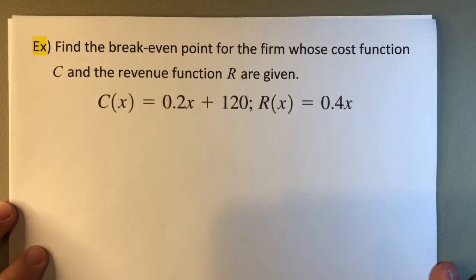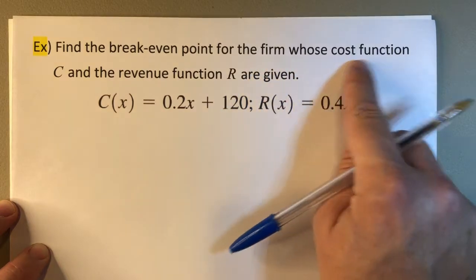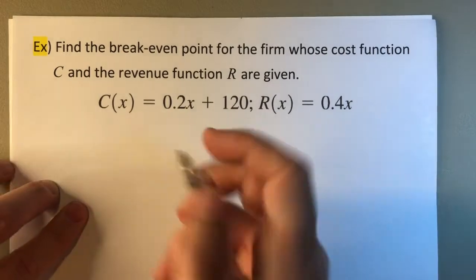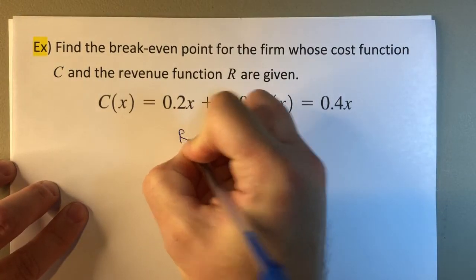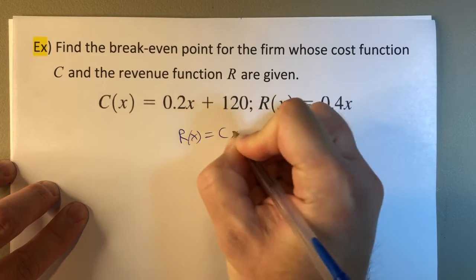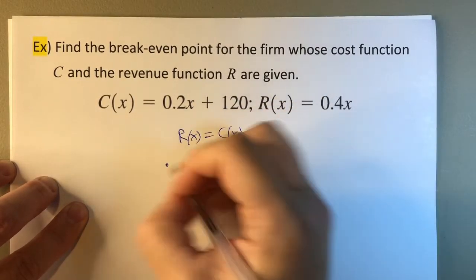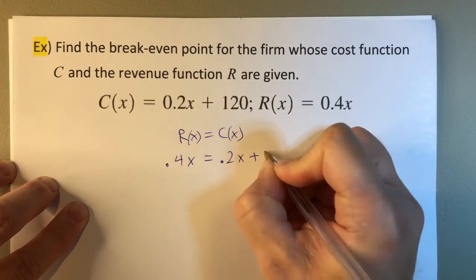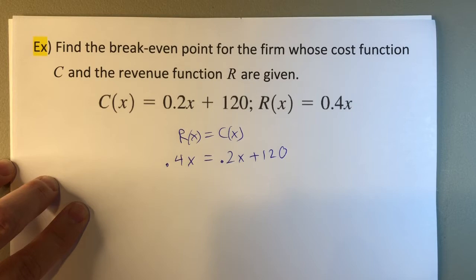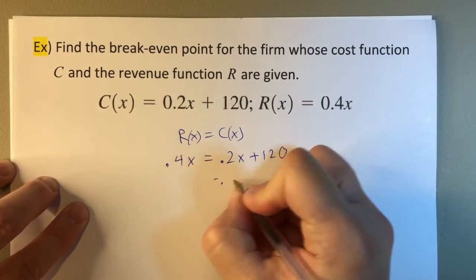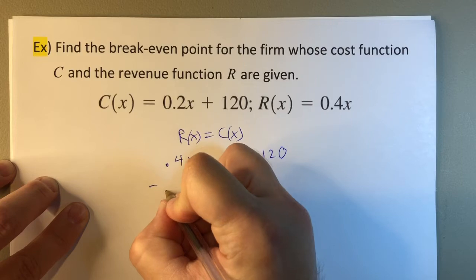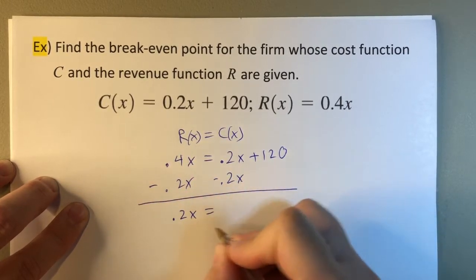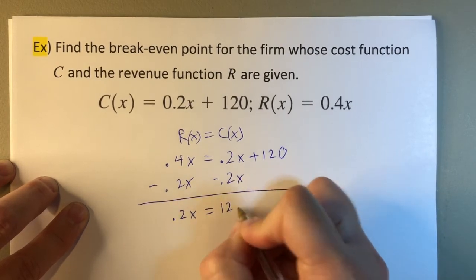Find the break-even point for the firm whose cost function C and revenue function R are given. So we let revenue equal cost, whatever. We set these two functions equal to one another, and then we solve for X. I'm going to subtract 2/10 X from both sides, and that gives me 2/10 X equaling 120.